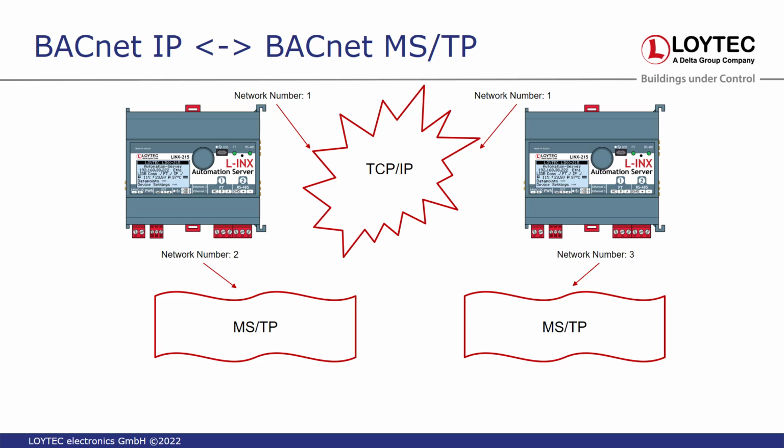Other than that, the routing function is active per default, and the whole configuration regarding the BACnet MSTP side is done via the WebUI, and then the data points are scanned via links configurator. So maybe good practice is start with one on the IP channel, and your MSTP channels then are 2, 3, 4, 5, 6, something like that.